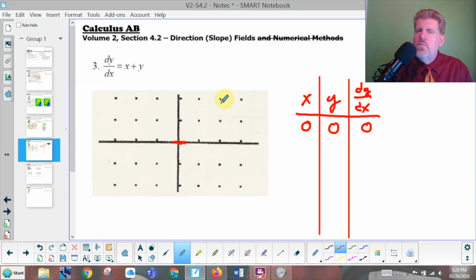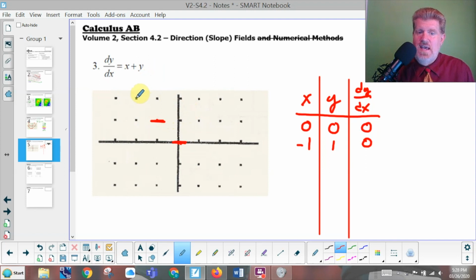Now, do you see anything else that would also have a slope of 0? If you had -1, 1, isn't -1 plus 1 equal to 0? Wouldn't anywhere on the graph where x and y are opposites have a slope of 0?